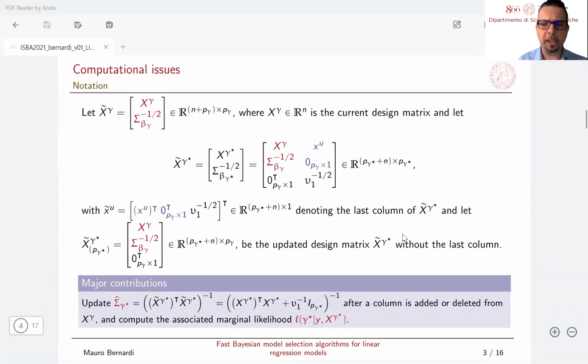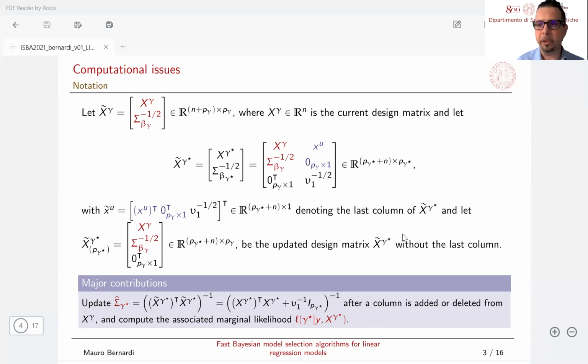So let us introduce a little bit of notation. We denote by x tilde gamma the augmented design matrix obtained by stacking the true design matrix x gamma and the inverse of the prior variance covariance. The new augmented design matrix is obtained by stacking the current design matrix by column and the new column we want to add to the design matrix.